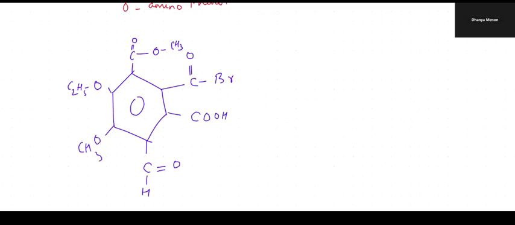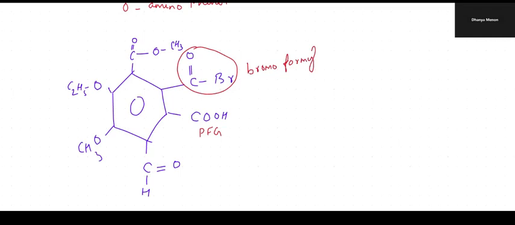Now, looking at the rest of the groups, the acid group is the primary functional group. The rest everything has become the substituent. So this is our substituent, which is haloformyl. In this case, it is called bromoformyl because there's a bromine halogen.